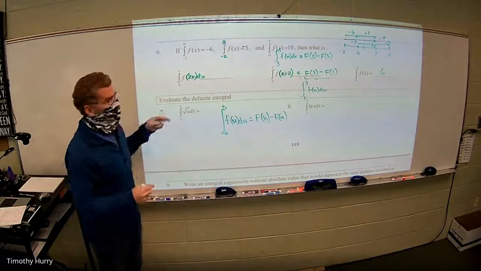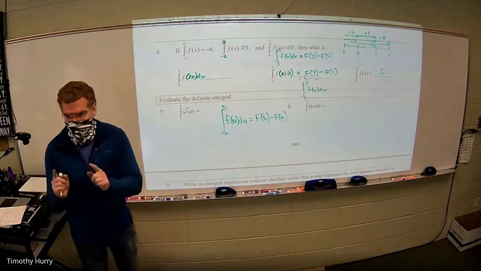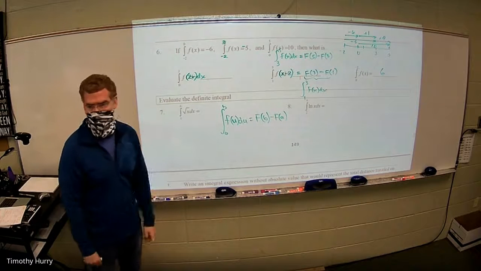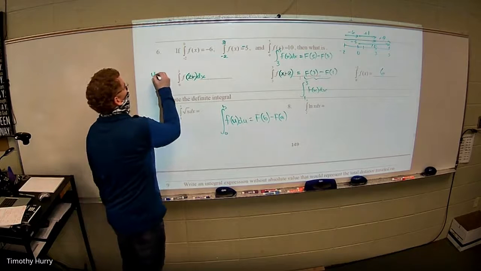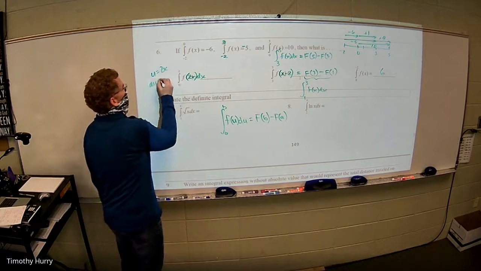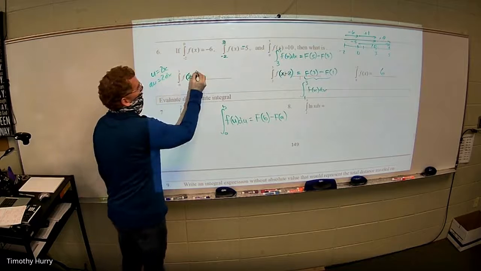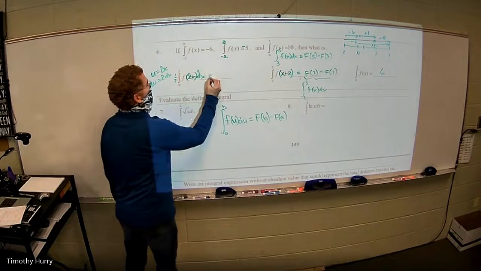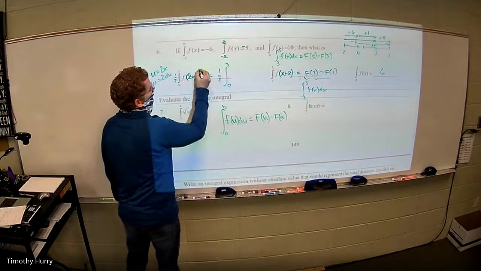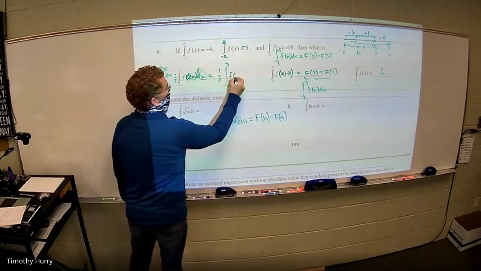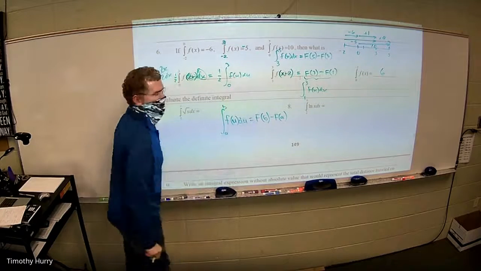But if it's f of 2x, you have to make it change first. So how do you do that? Put 1/2 outside. I go, if u is 2x, du equals 2 dx. I need a 2 there and a 1/2 there. 1/2, 0 to 3, right, 2 times this, of f of u du.